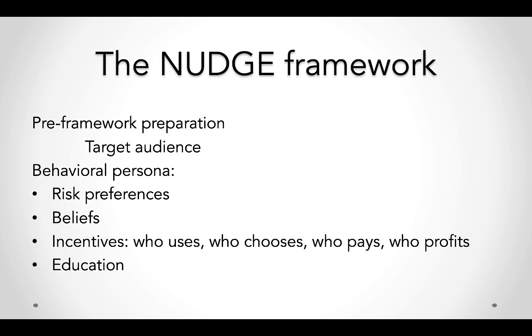In addition to the demographics and other things that we have for a target audience, we have to add risk preferences, beliefs, incentives, at least the four questions we talked about, and education. This will give us an idea of the behavioral persona that we're dealing with.